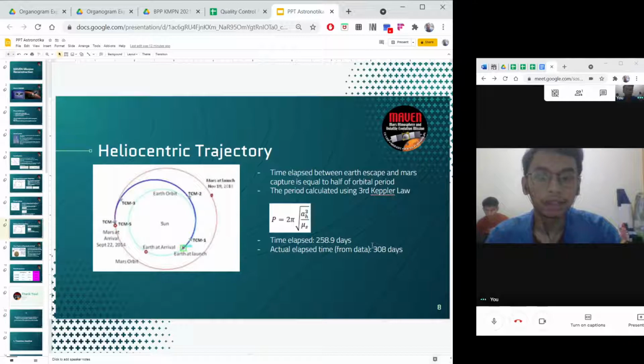It is a bit longer than the calculation because, as we can see on the sketch of the trajectory, Earth and Mars are not perfectly at the perigee and apogee positions. Instead, the path taken is longer than half of the orbit, so it elapsed more time than calculated using the assumption of a perfect ellipse.